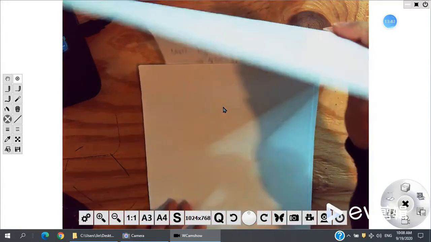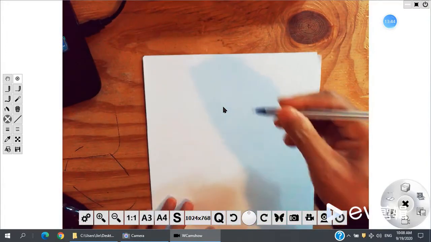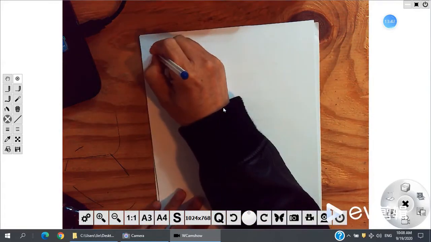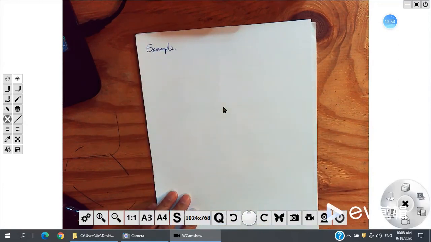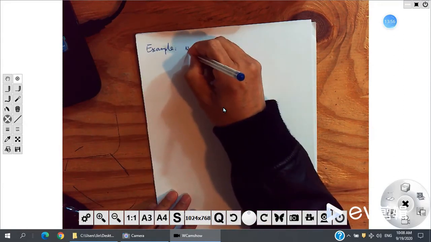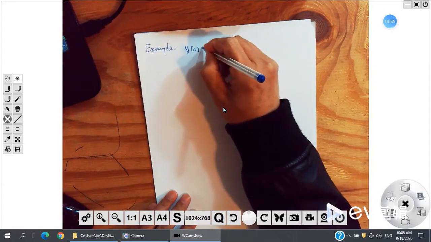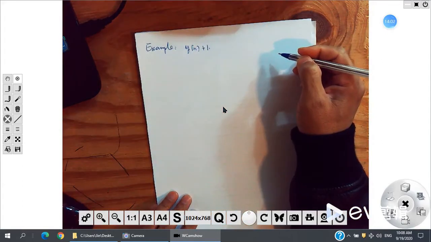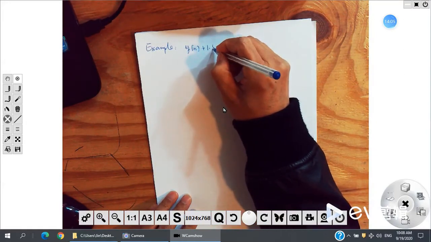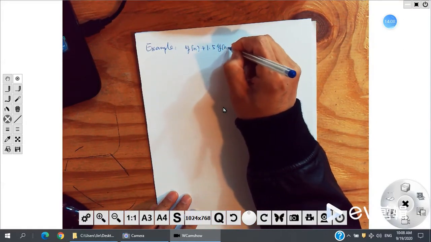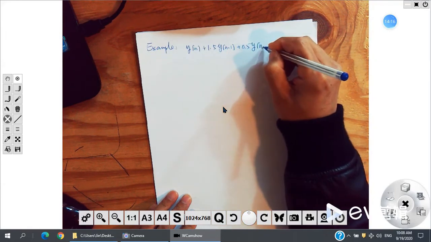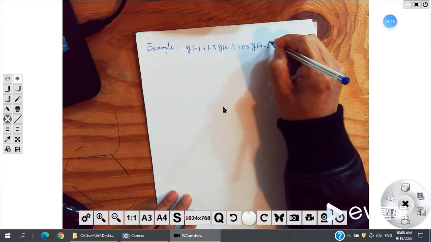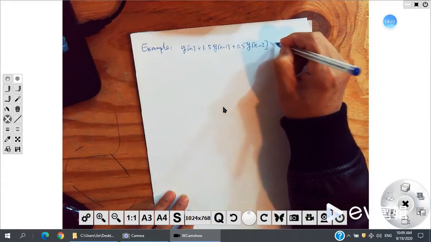Okay, let's consider an example. We consider the system y of n plus 1.5 y of n minus 1 plus 0.5 y of n minus 2 equal to x of n.